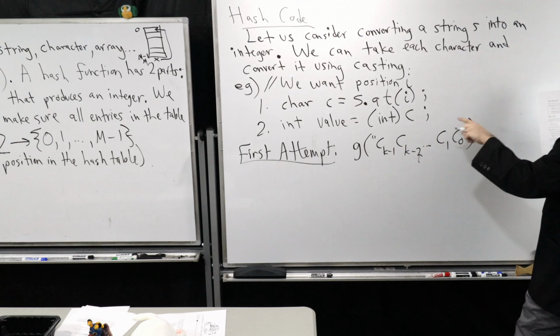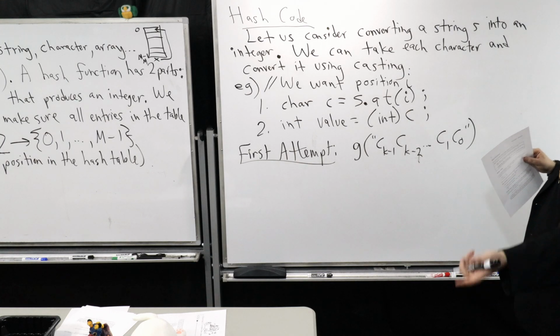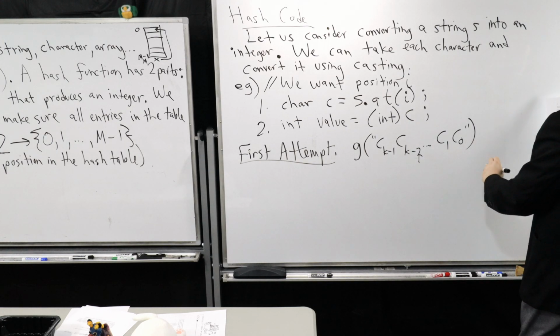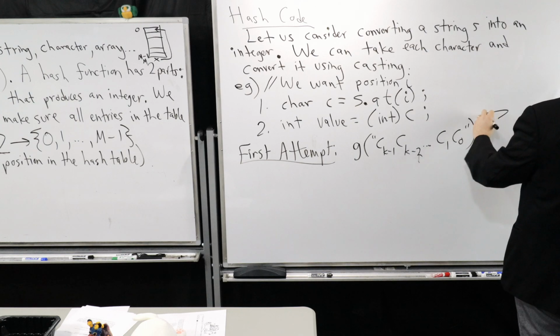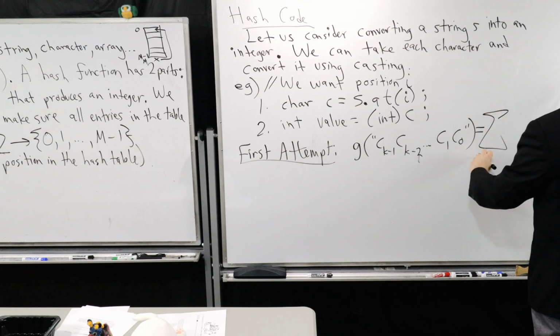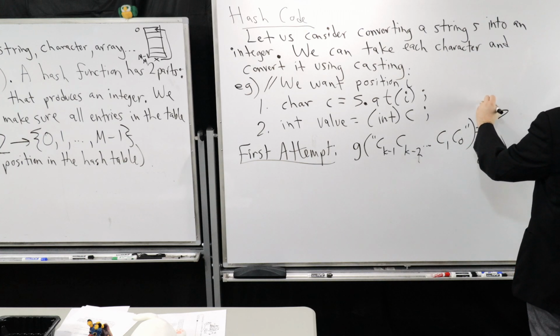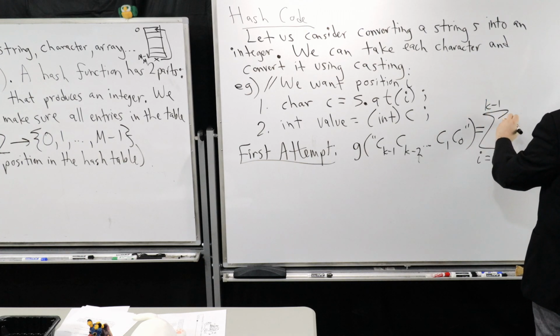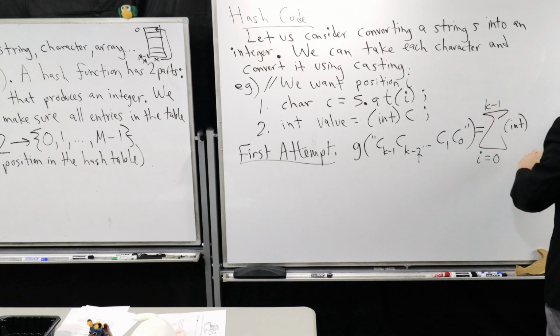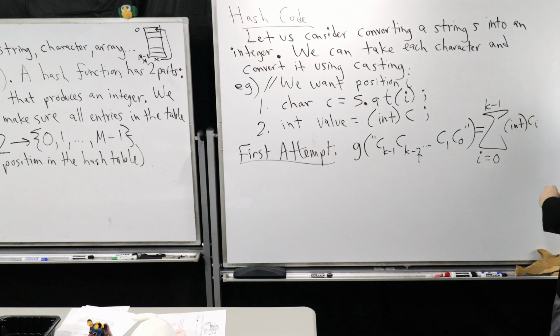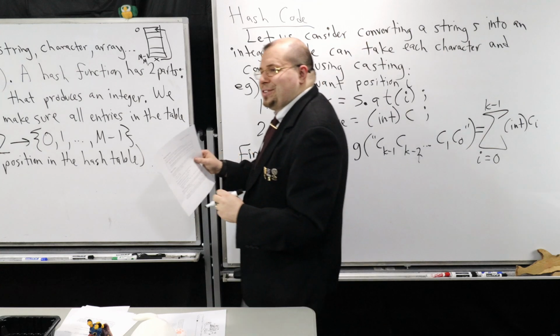This is the input for my function. I give it a string, and it outputs an integer. So what is it going to do? All I'm going to do is compute a sum over each one of the characters, where I cast each one to an integer. So this is my first attempt.